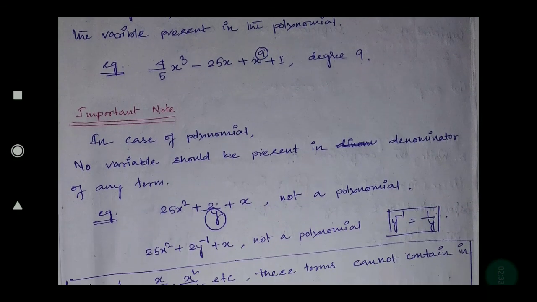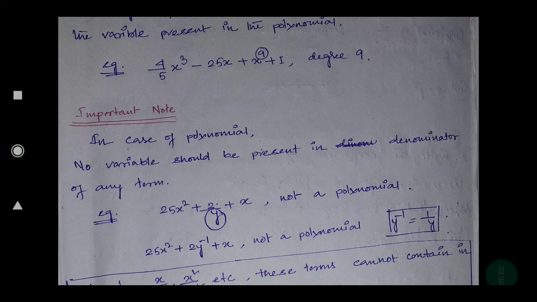There is one restriction in the case of a polynomial, not in the case of binomial or trinomial. What is the restriction? In a polynomial, no variable should be present in the denominator of any term. That means there should not be division by a variable, for example 25x square plus 35 by y.